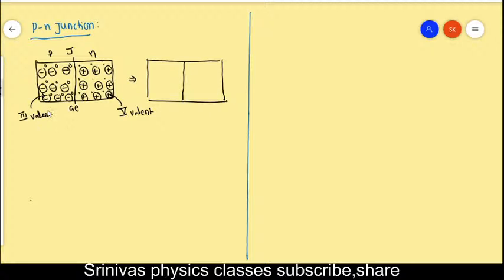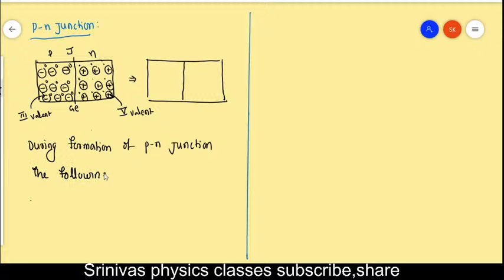Two processes occur during the formation of the PN junction. Here the PN junction forms. During that, two processes occur.